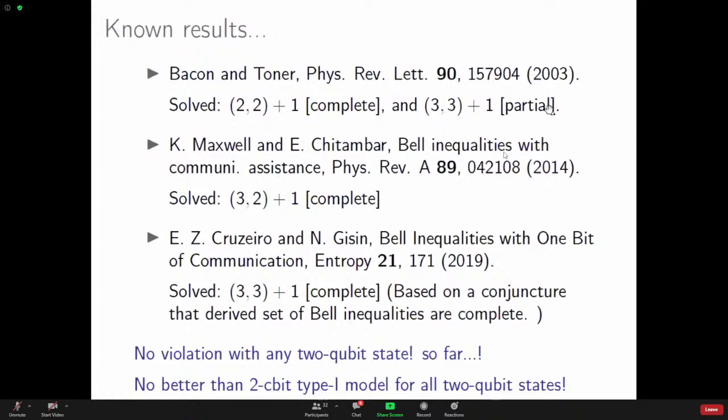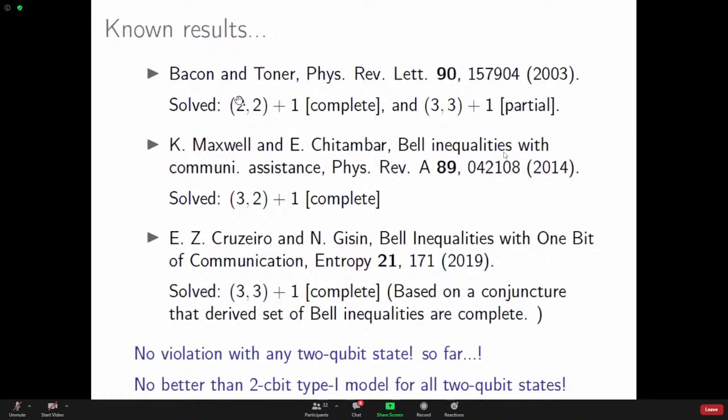Here itself the problem becomes so complicated, geometrically and mathematically, that the answer is partial. So they could not completely rule out all 2-qubit states; they could not completely rule out that there is no 2-qubit state which can violate this kind of Bell inequalities.